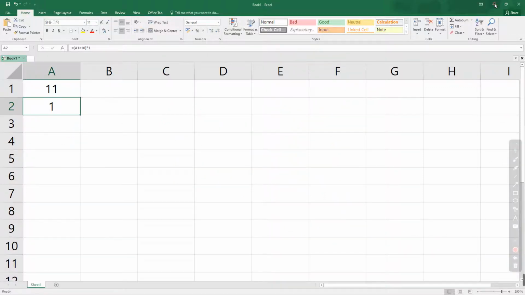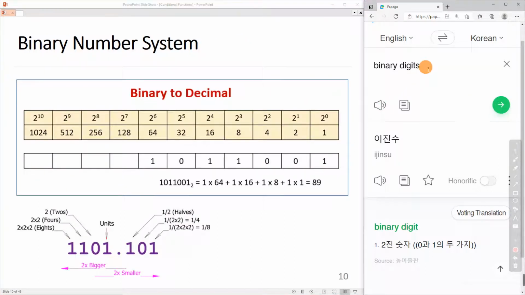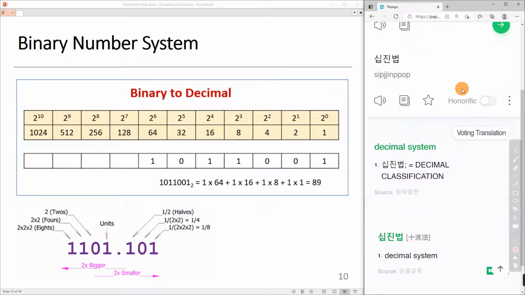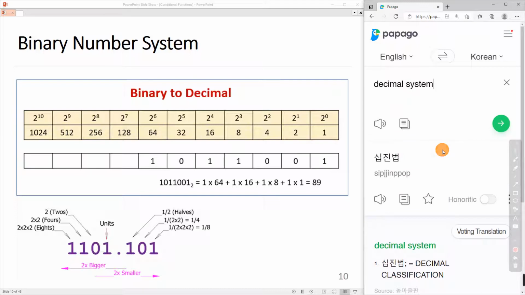Now let me show you one more example of how we represent numbers in a binary system and how we can convert them to a decimal system. In a decimal system, as you remember, we have 10 digits starting from 0 until 9.